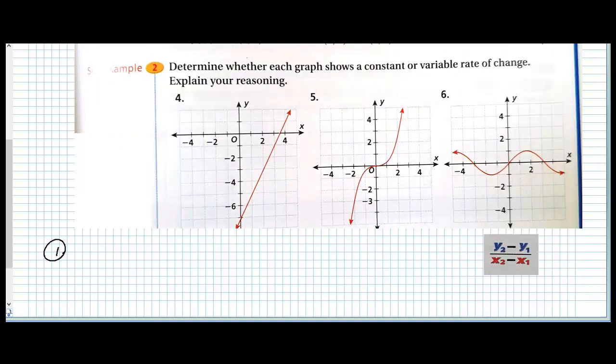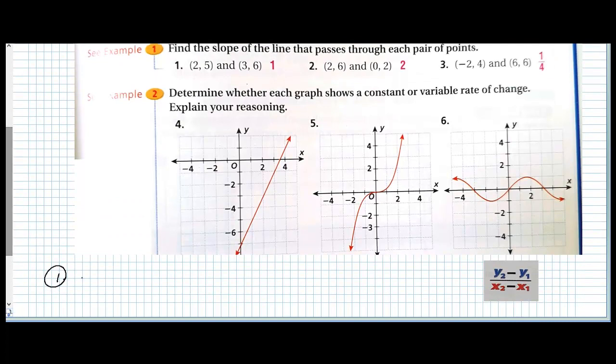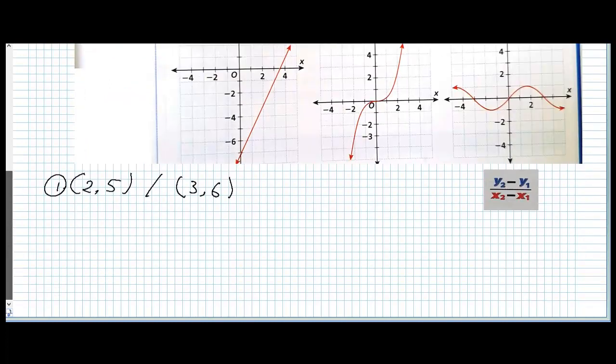Question 1. We have 2 points on a line. The first point is (2, 5) and the other one is (3, 6). How will we solve this one? Okay, we will put this one as the first point and this one as the second point.